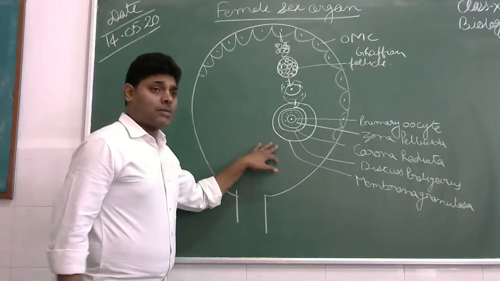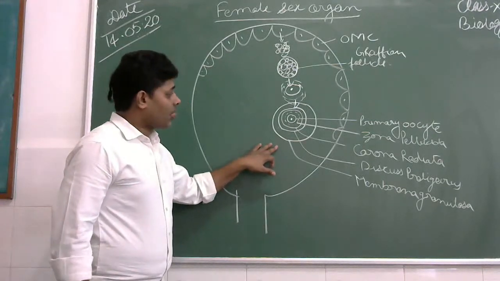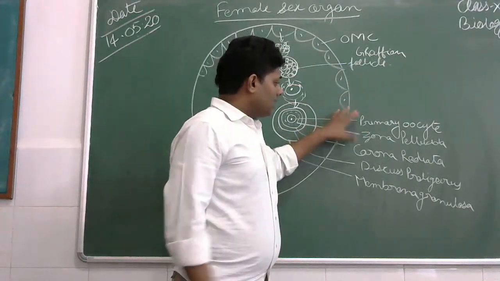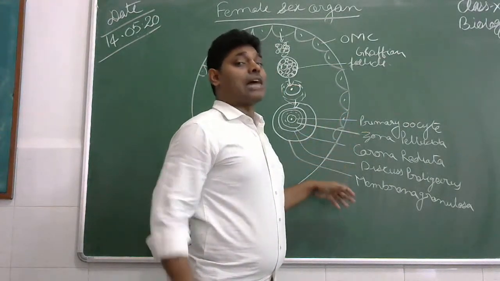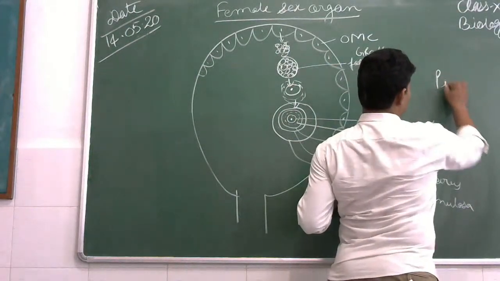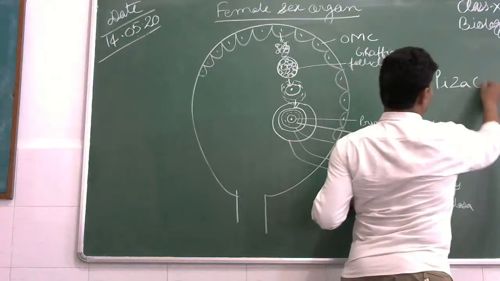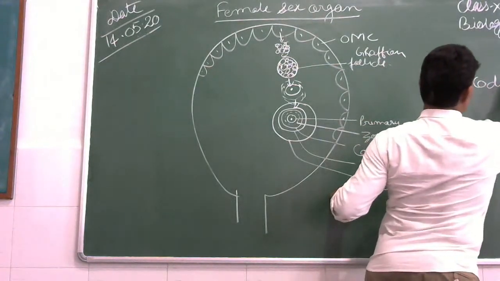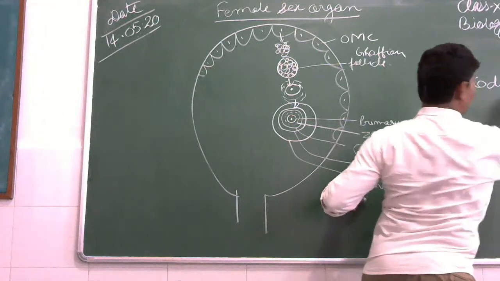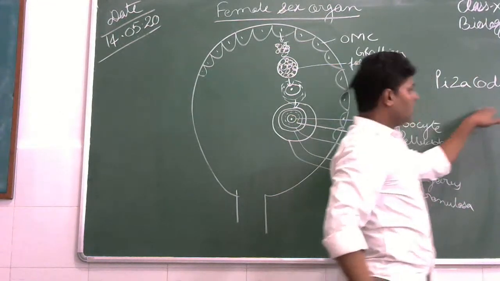these are the layers present in an oocyte, but we should know the exact sequence, how we remember it. So generally we write here the mnemonic: pizza poly. Is it visible? No? Okay.